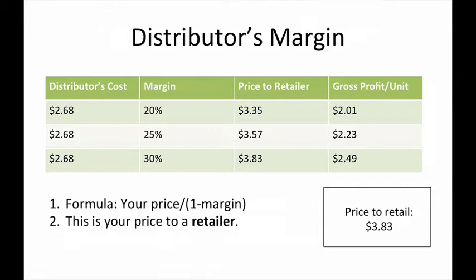You use this to take your distributor costs divided by 1 minus your margin. Again, it's a decimal point, so it's 1 minus 0.3 in this example. And then the price that your distributor is going to sell to a retailer is $3.83. This is also the price that you would use to sell to a retailer if you're skipping the distributor.